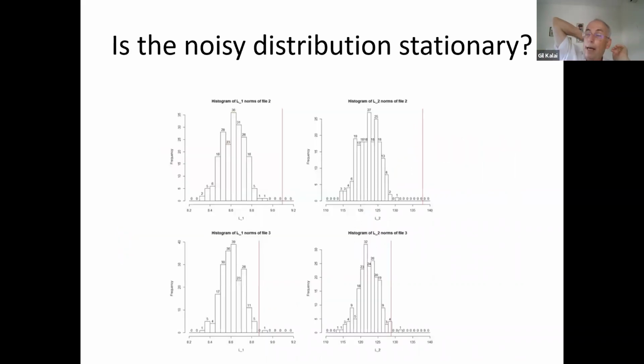So with the Google data, we also tried to study, so far for 12 qubits, whether the noisy distribution is stationary. Google provided 500,000 samples for a certain number of qubits, 12, 14, and so on.